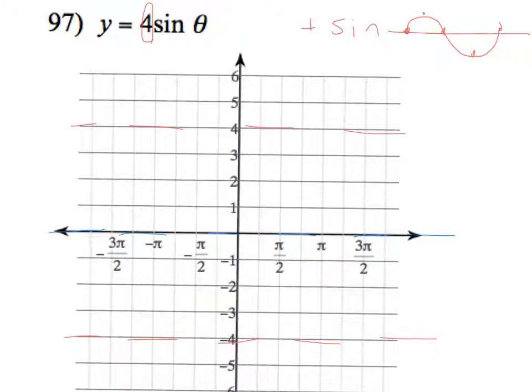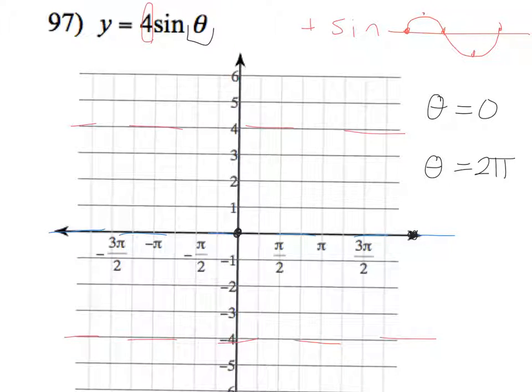Okay, first thing, the inside is just theta, so I'm going to take the inside, set it equal to 0, and oh, that kind of solves our equation for us. That's my starting point. For my ending point, I'm going to take the inside, theta, and set it equal to 2 pi. Okay, that's already solved for us too.